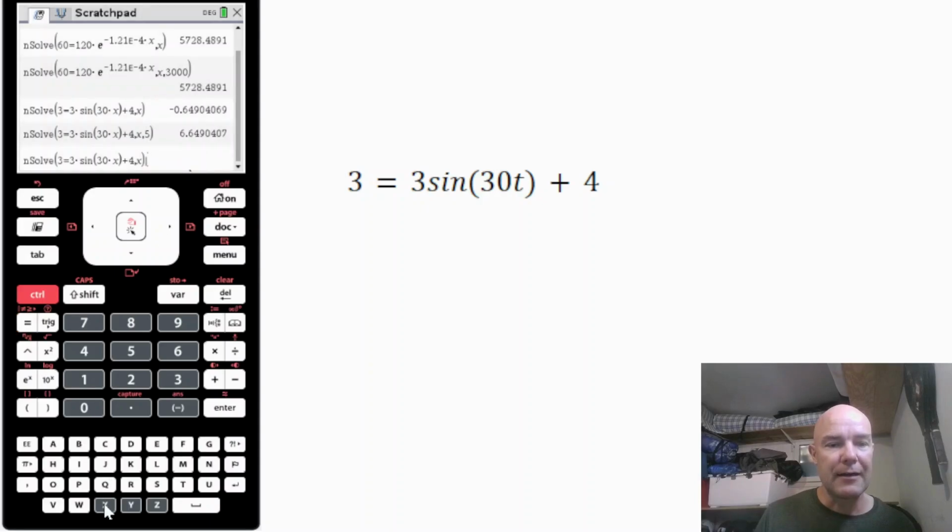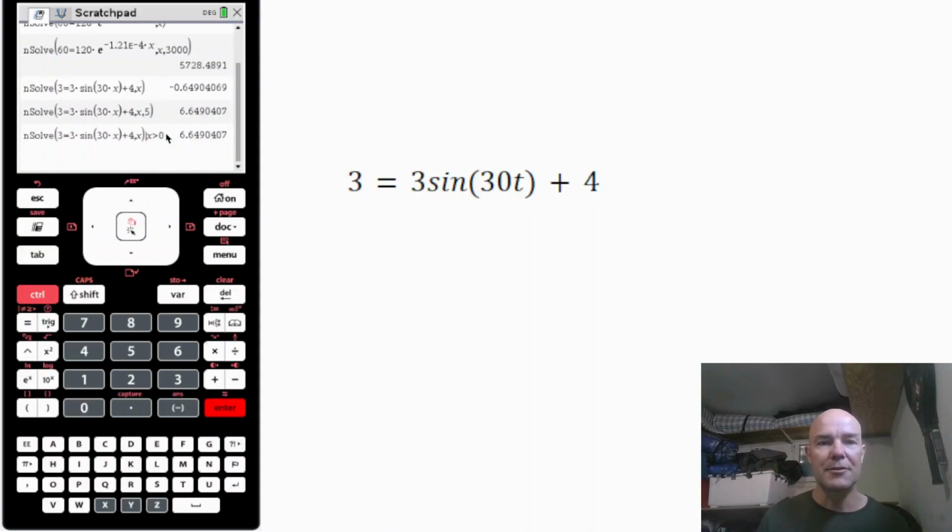Then we tell x needs to be greater than 0. So this vertical line, x, and then we go back to Control and equal sign, and we choose greater than 0. Now this nSolve will only look for positive solutions, and here is our answer, the same 6.649, and that would be the right answer to this question.